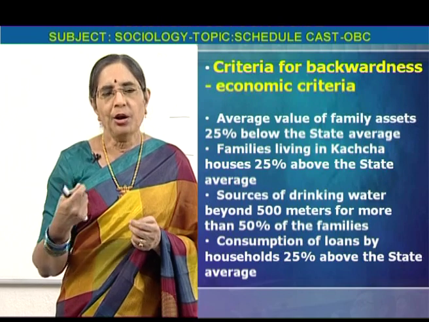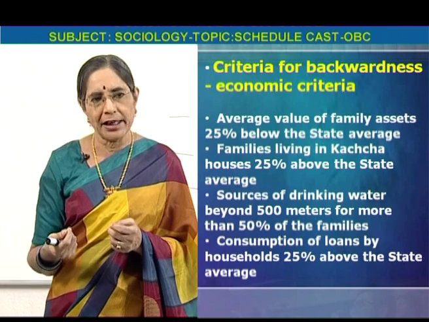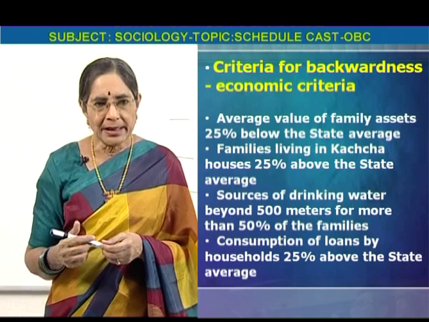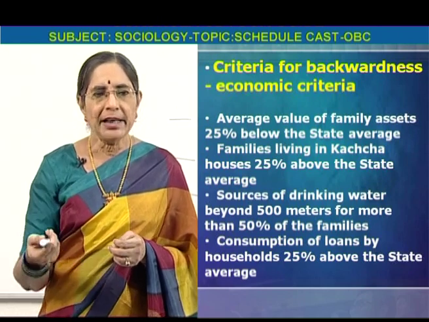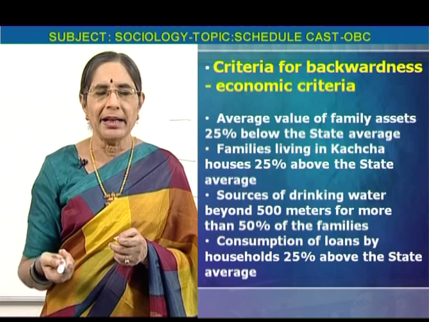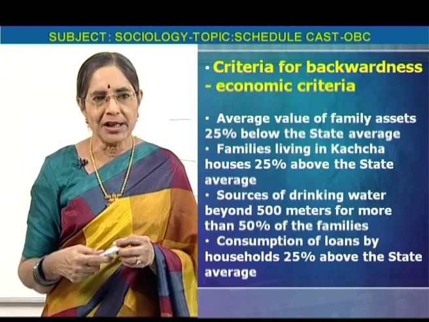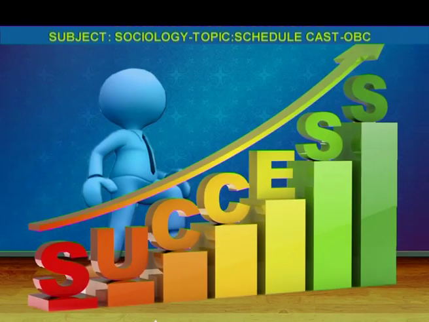Consumption of loans is another aspect taken into consideration by the Mandal Commission. Consumption of loans by households, 25% or more above the state average, was considered an economic backwardness criterion.